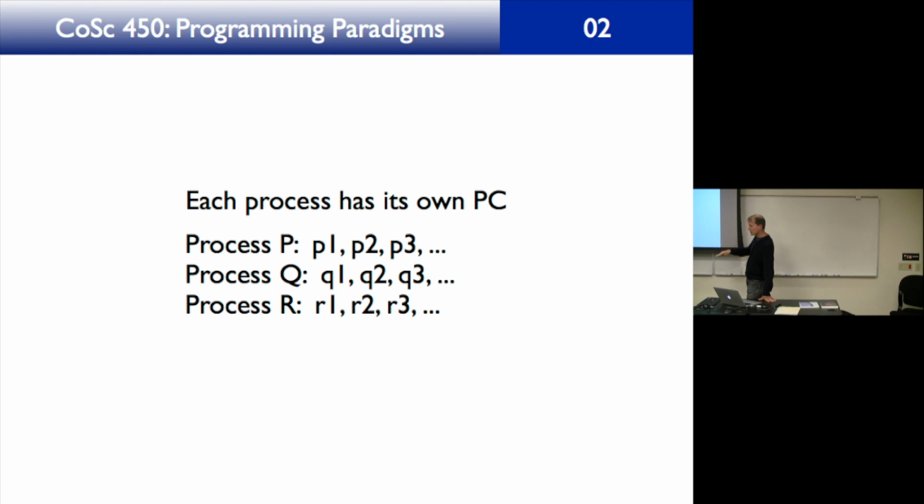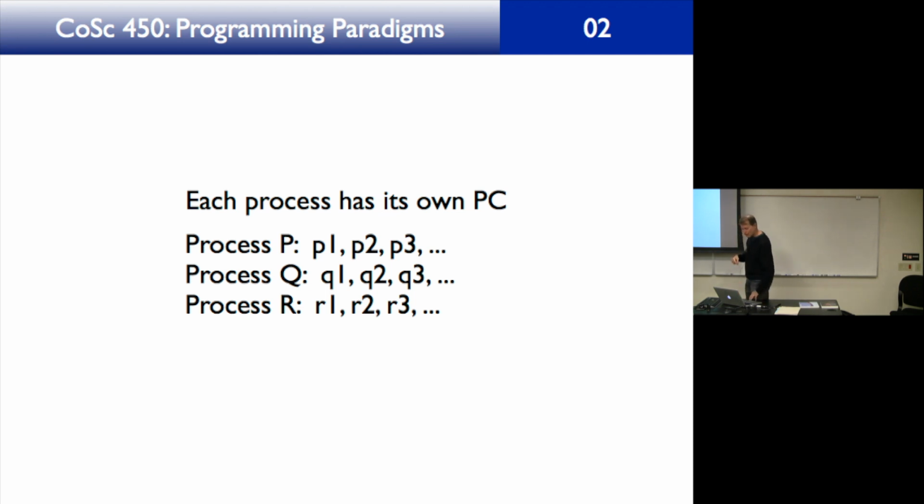Are you with me? So in your listing, first there's P1, then P2, then P3. Also process Q has some instructions in its program listing, labeled Q1, Q2, and Q3, and the same way with process R. But the point is that each process has its own program counter. So each one of them has a pointer to the instruction that's going to be executed next. Are you with me? Is everybody clear?